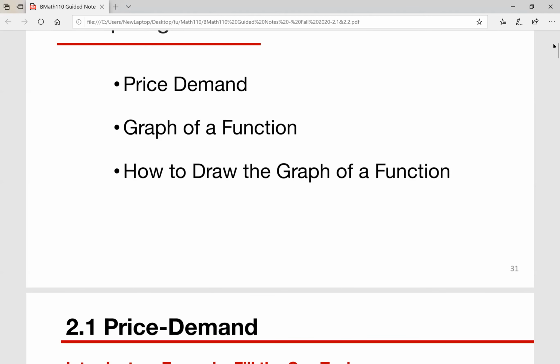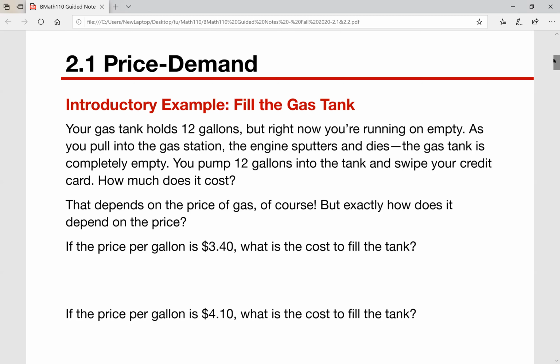Okay, so let's do an introductory example. The gas tank holds 12 gallons, but right now you are running on empty.